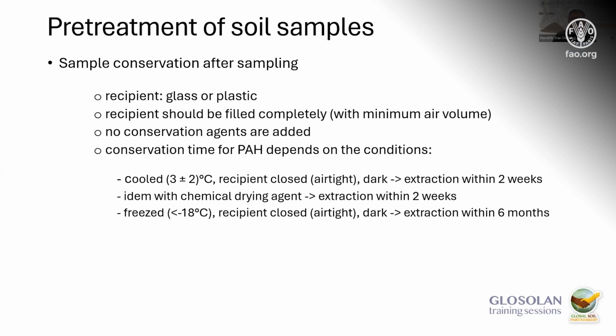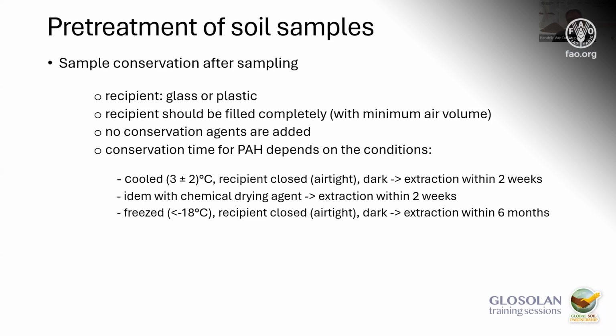We do not add conservation agents, and the conservation time for the polyaromatics depends on the conservation conditions. If we put the samples in the fridge, cooled to 3 ± 2 degrees, in a closed recipient, in the dark, we can keep the samples for 2 weeks.